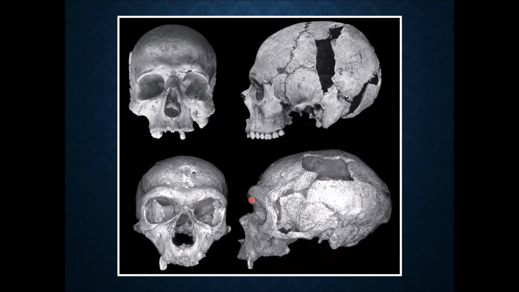And one of the most drastic, interesting things is look at the nasal aperture, the nose opening. In the anatomically modern human, look at how wide it is in Neanderthal. Well, in anatomically modern humans, if we have wide noses, we tend to have very flat noses. If we have very narrow noses, they tend to be very high noses.